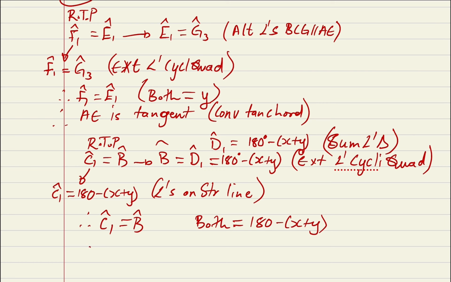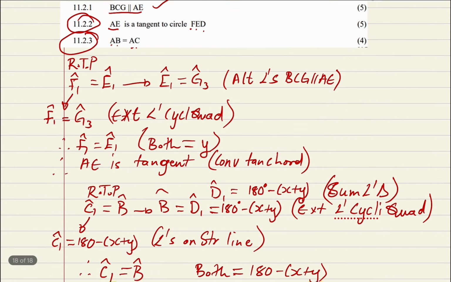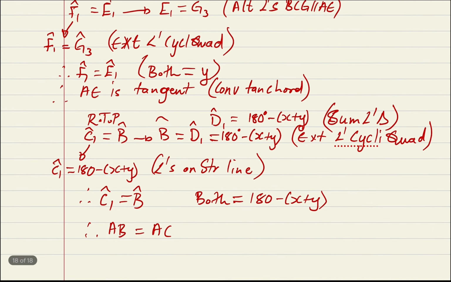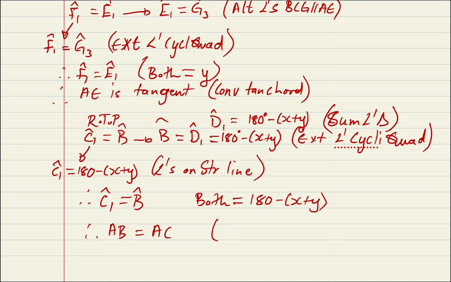Therefore it means that AB is equal to AC. Why do we say so? These are sides opposite equal angles. That is how we have proven this sum.